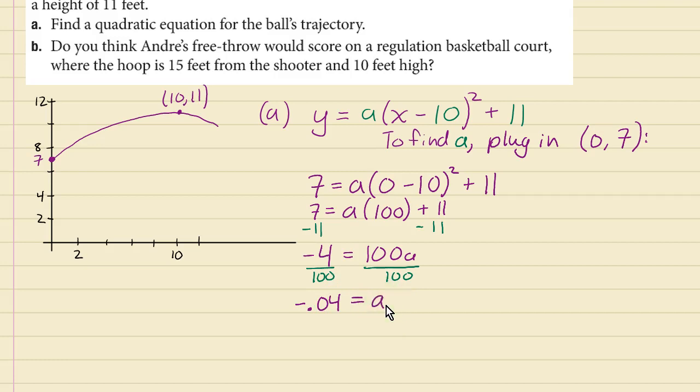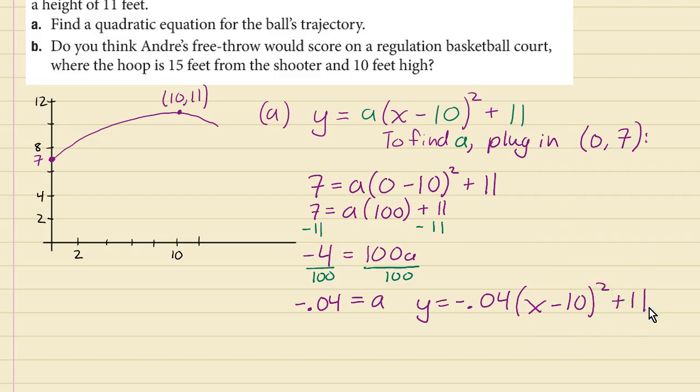So that means we now have the whole equation. We're just leaving the x and y as variables because we are trying to find a whole two-dimensional equation that has a graph. So that's going to be y equals negative 0.04 times x minus 10 quantity squared plus 11.